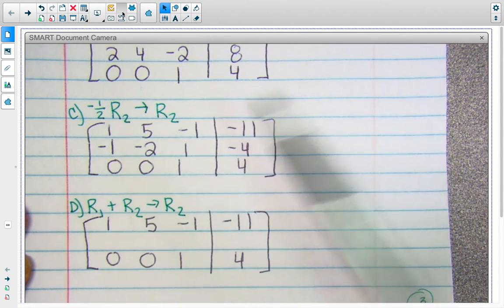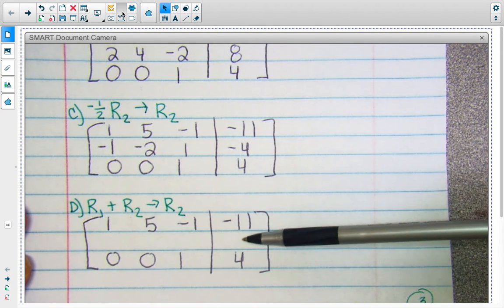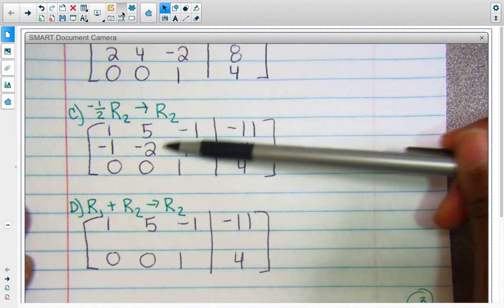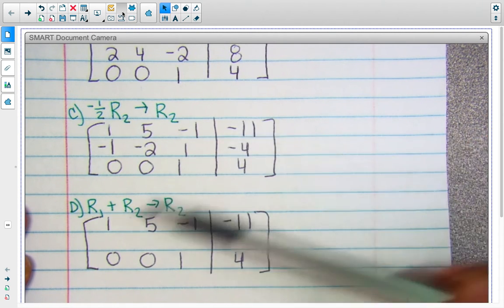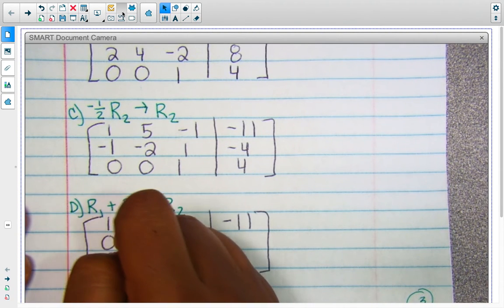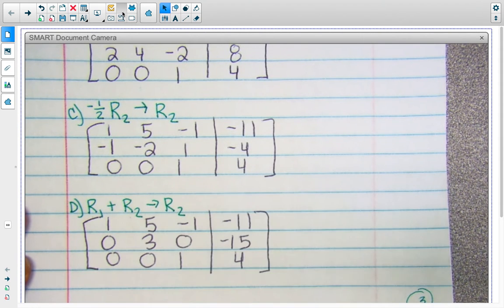And we're going to add row 1 and row 2 together and put that final answer in row 2. That's why I left it blank. So that's going to give us 0, 3, 0, and -15.